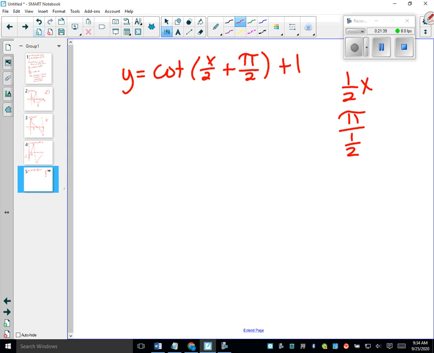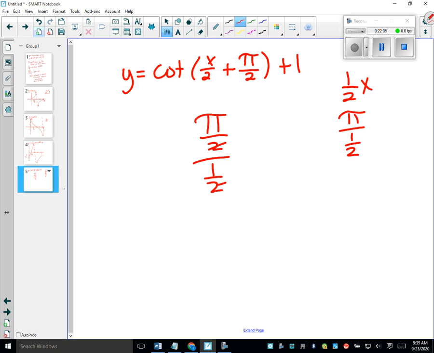Isn't the phase shift pi over 2 over 1/2? Isn't it? Don't these two cancel? Yep. So what is the phase shift? Pi. Did that help to see the math part of it?